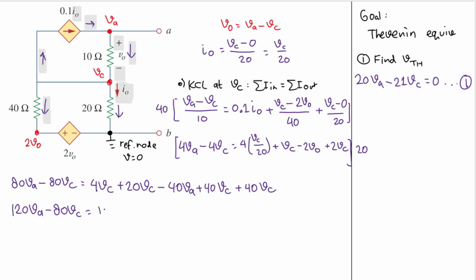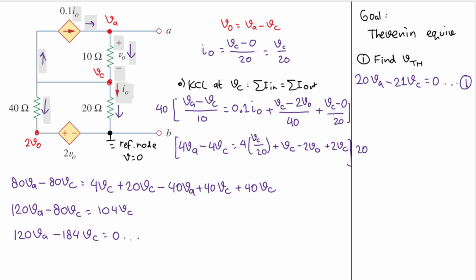So we'll have 104VC. Move it to the left hand side, and I will have 120VA, and then minus 184VC. And all of that will equal to 0.